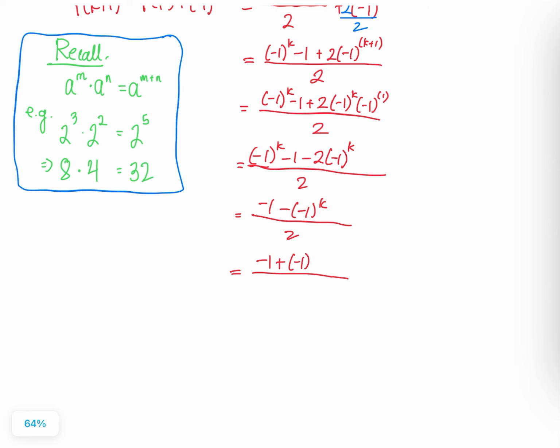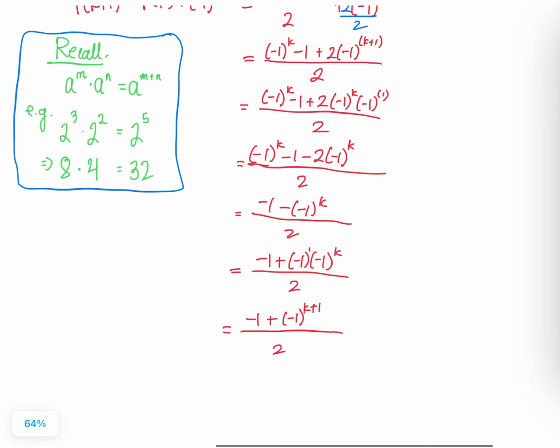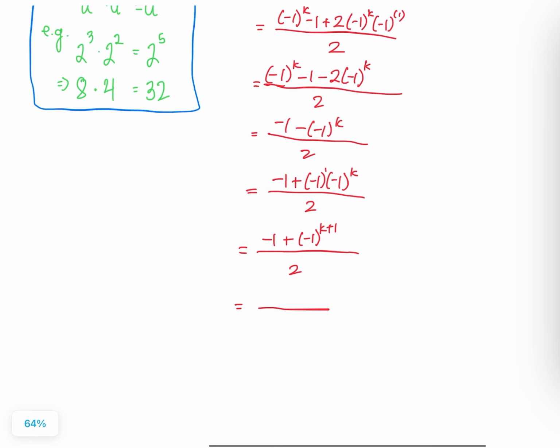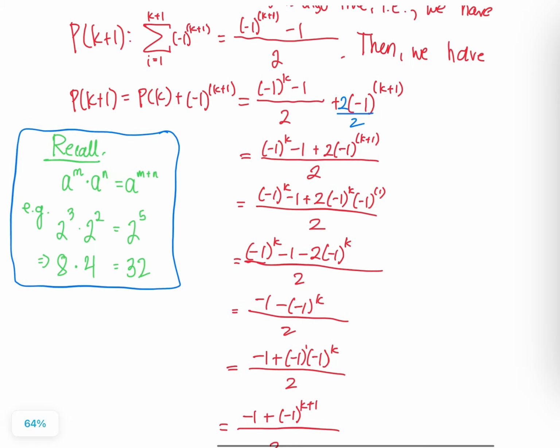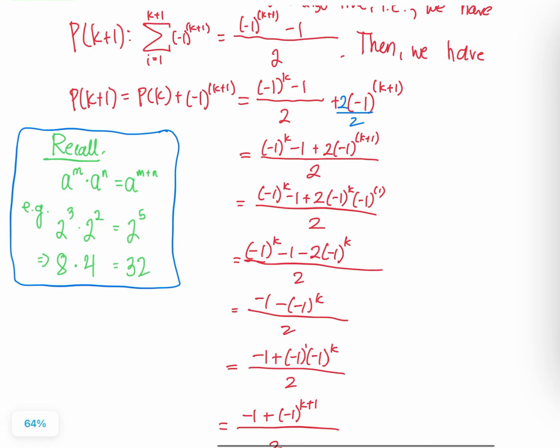So negative 1 times negative 1 raised to k over 2. And then what we have is negative 1 plus, this has a 1, right? So quantity negative 1 raised to k plus 1. Okay, that's what we want. Over 2. By commutative property, this becomes negative 1 raised to k plus 1 minus 1 over 2. And is that it? Yeah, that's it.